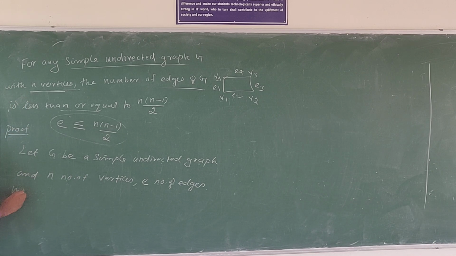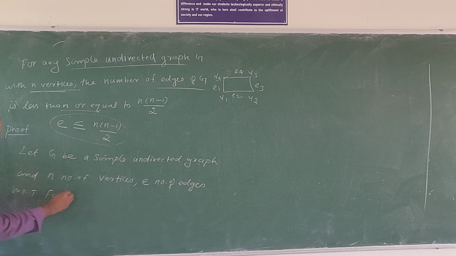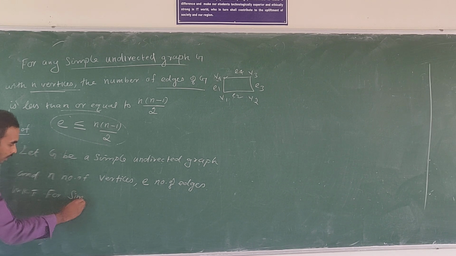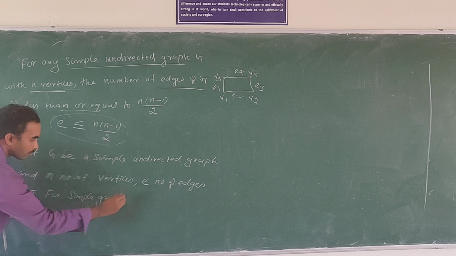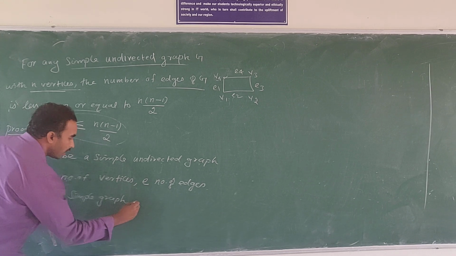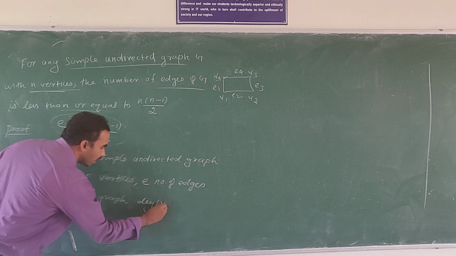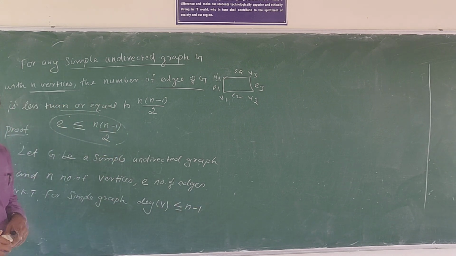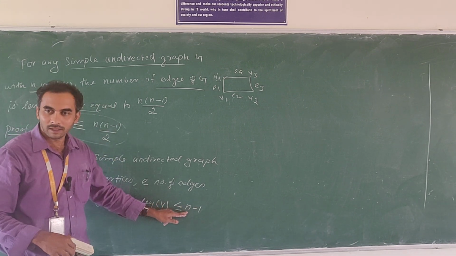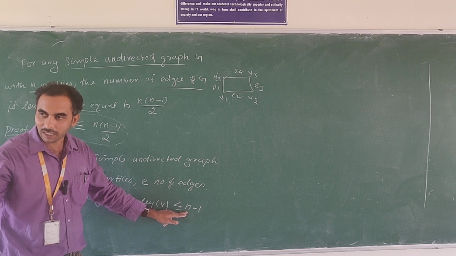We know that for a simple graph, degree of V is less than or equal to n minus 1, because n represents the number of vertices.